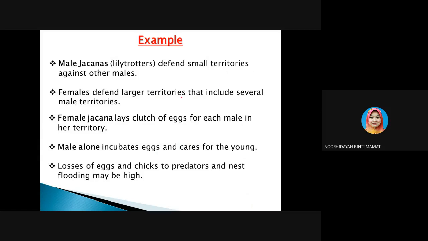Another example is the jacana. The male jacanas defend small territories against other males. Each male defends his own small territory, while the female defends a larger territory that includes several small male territories.